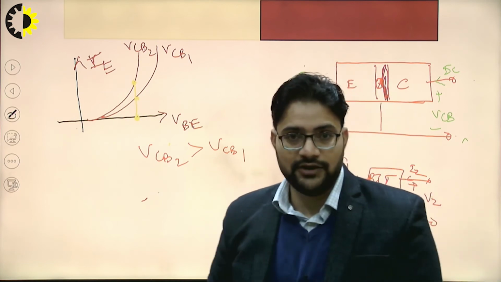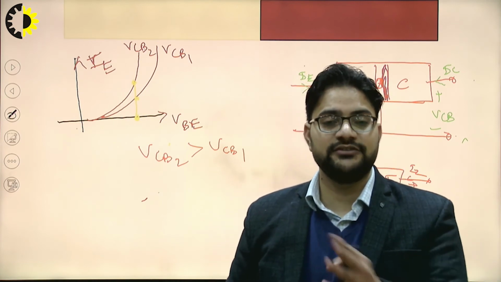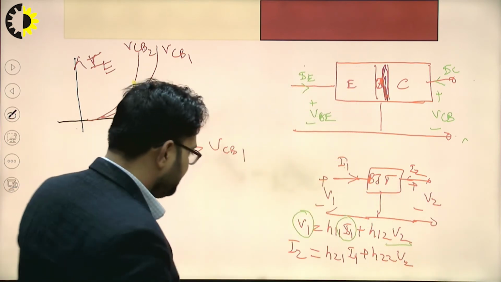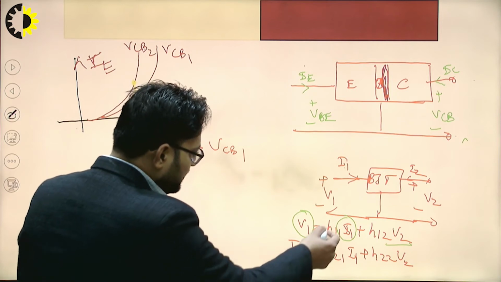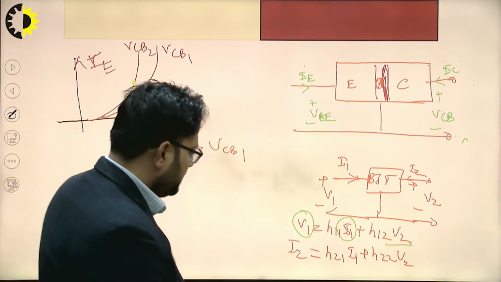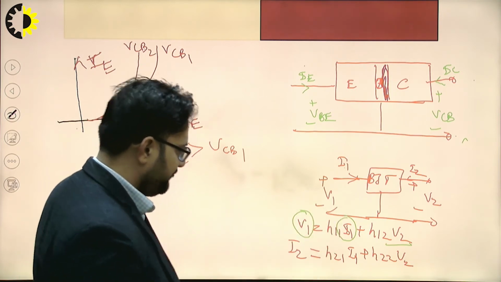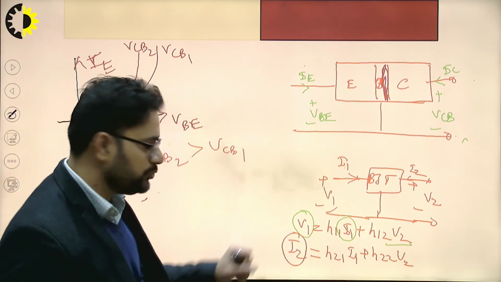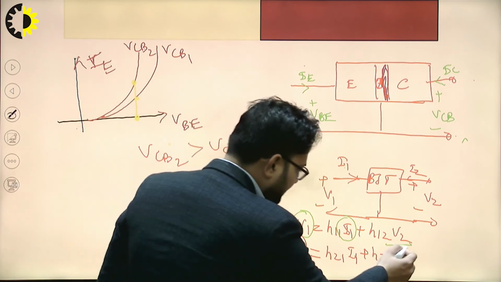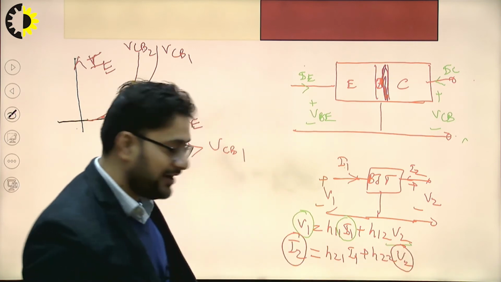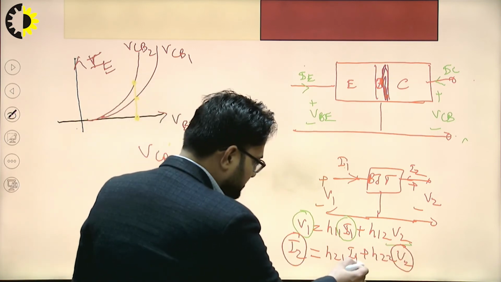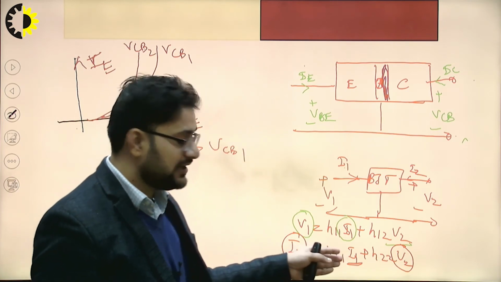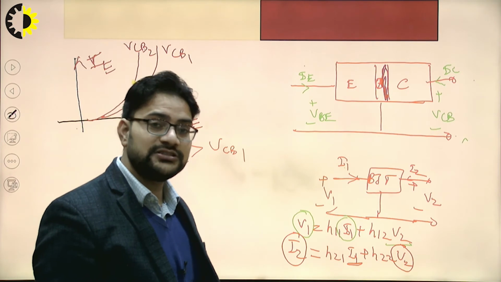Now, output characteristics of common base configuration. From the H parameter model, if you see the second equation, it is between I2 and V2 while keeping I1 constant. In this case, we keep I1, that is the input current, constant.